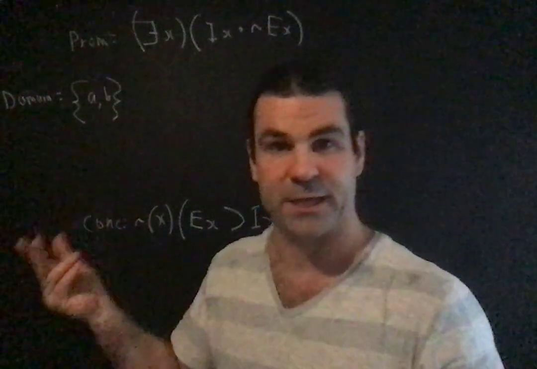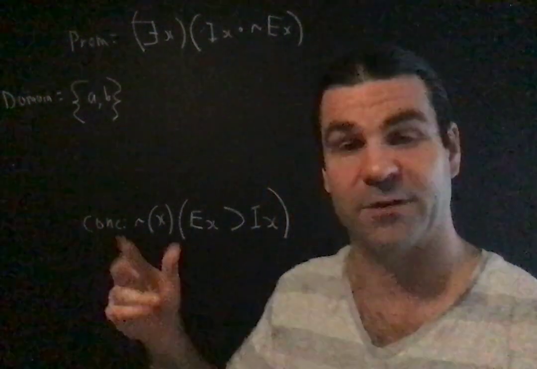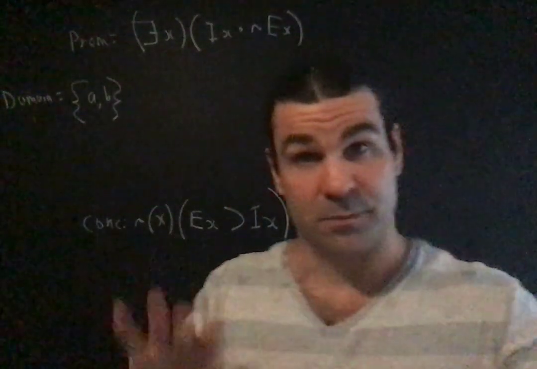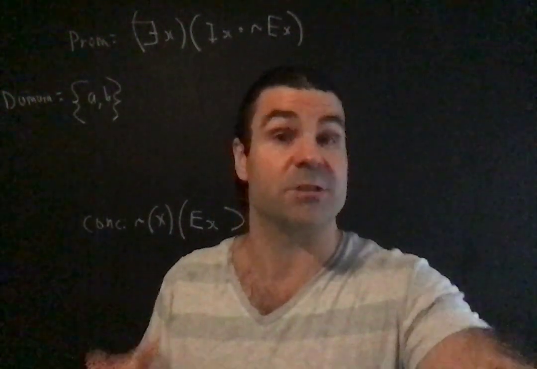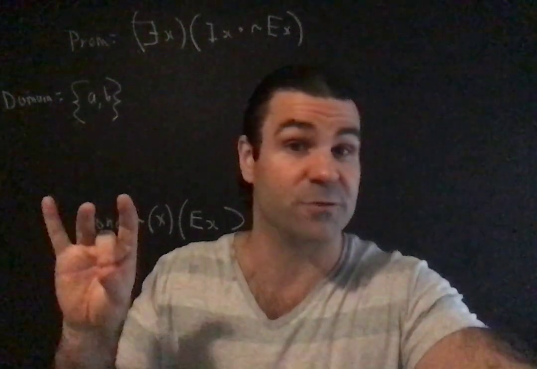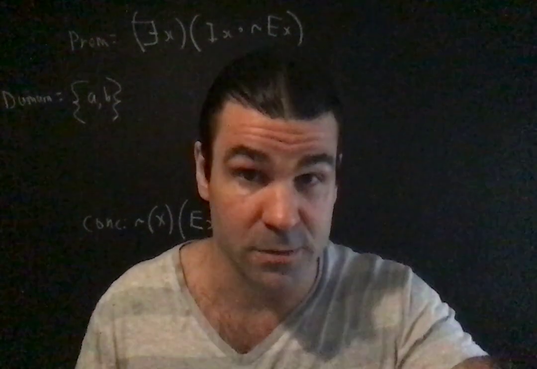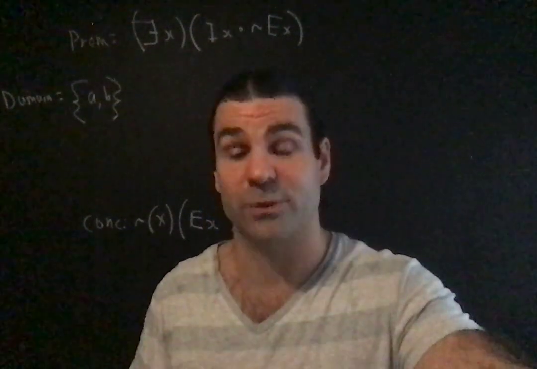The predicate E true of the individual A and of B, the predicate I true of A and of B. Those are the basic building blocks, singular statements that are true or false. We try to find an assignment of truth values to them which makes the premise true and the conclusion false, and that, of course, is a counterexample.